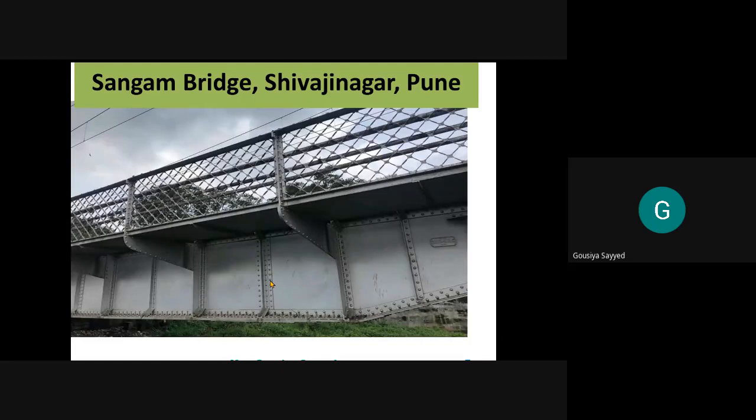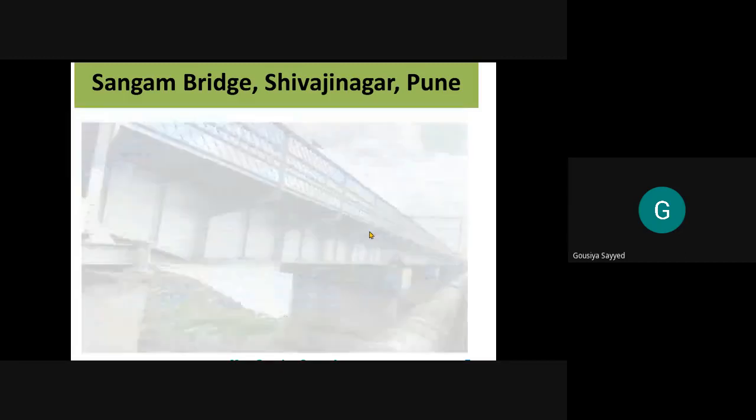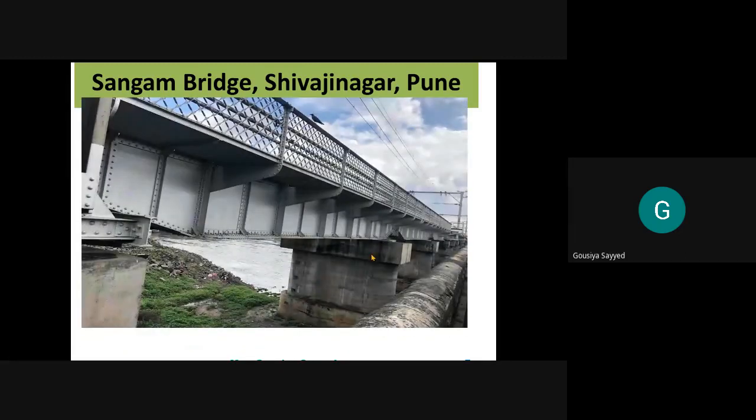This Sangam Bridge was built in 1818, and it was completely rebuilt during 1876. After 1876, it took on its present day look. Just see this. This is the actual practical example of plate girder.